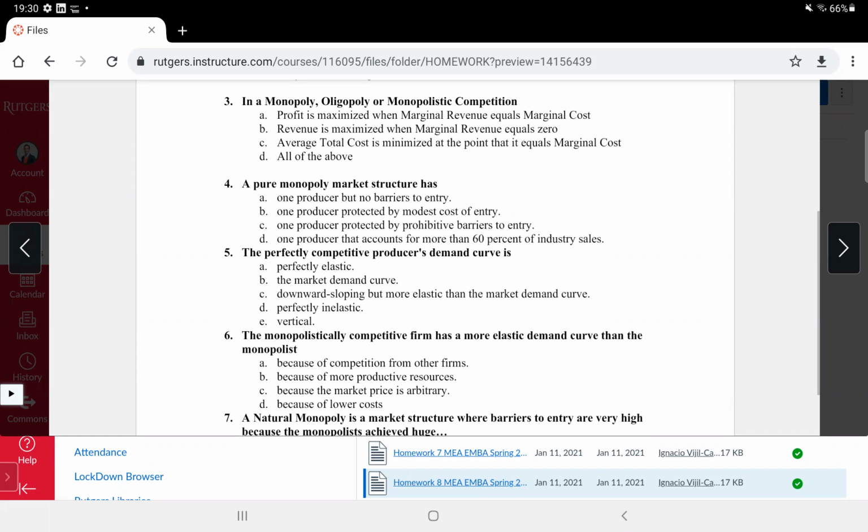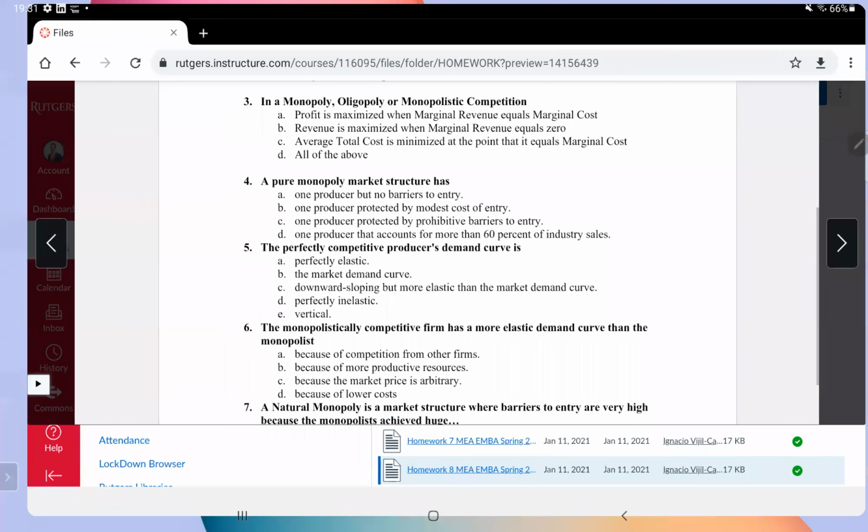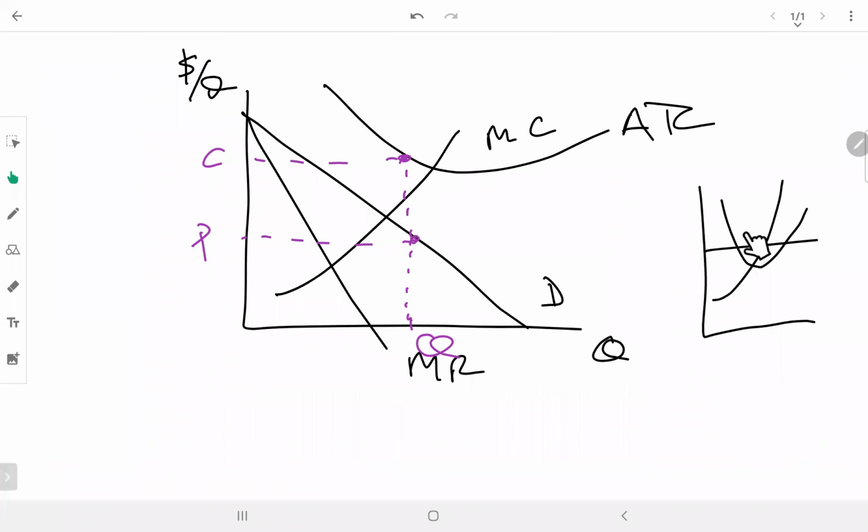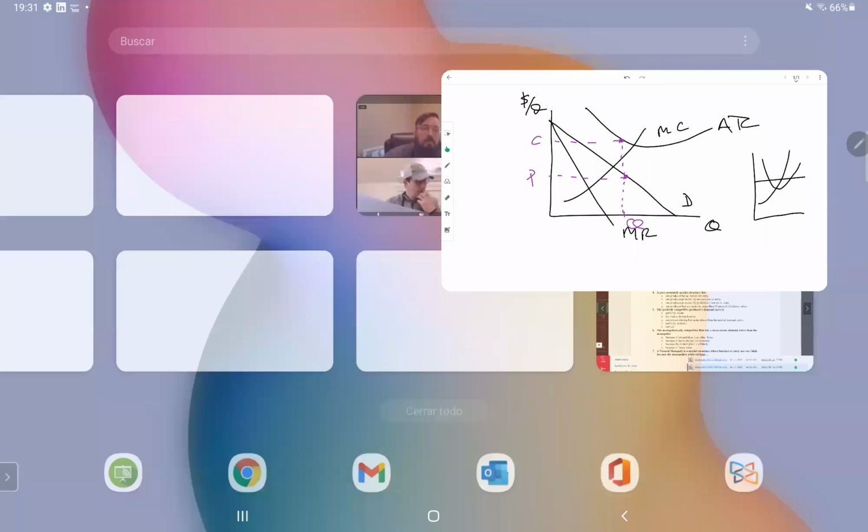Pure monopoly market structure has one producer protected by prohibitive barriers to entry. Number 5, the perfectly competitive producer's demand curve is, and I just showed you here, like this, right? That's perfect competition, and this is perfectly elastic.